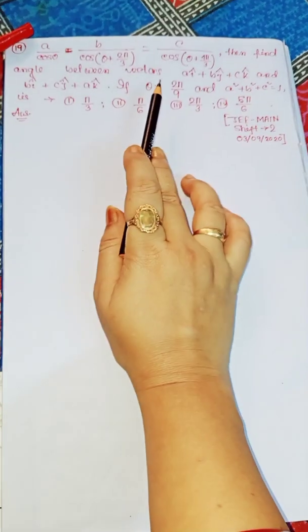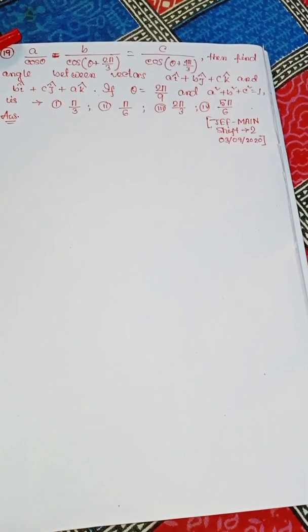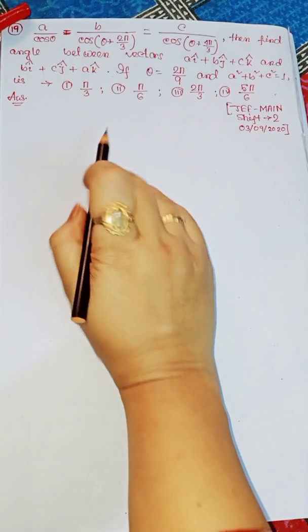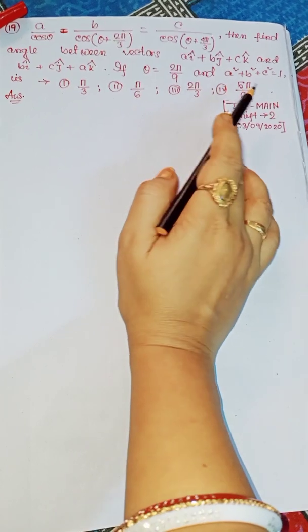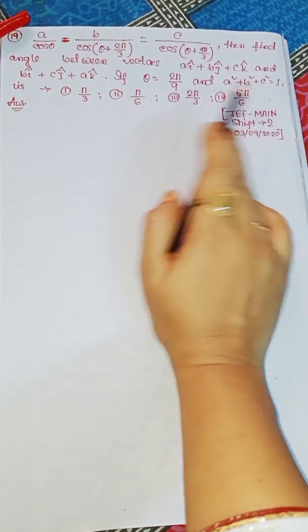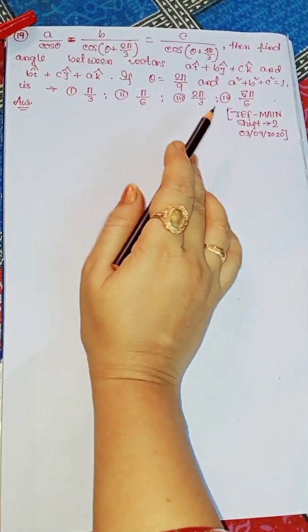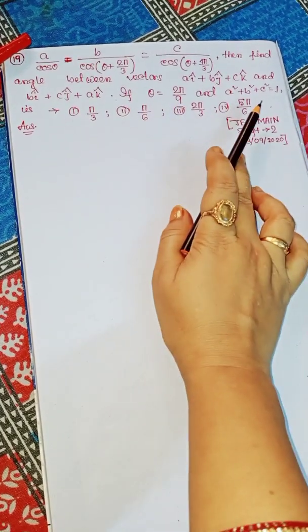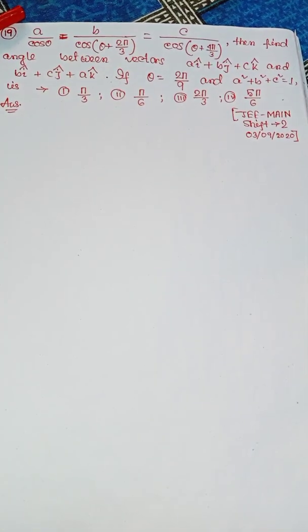Then find the angle between the vectors A i cap plus B j cap plus C k cap and B i cap plus C j cap plus A k cap, if theta is equal to 2 pi by 9 and A square plus B square plus C square is equal to 1. Then four options are given. This is a question in the chapter of vectors and it's a memory based question.